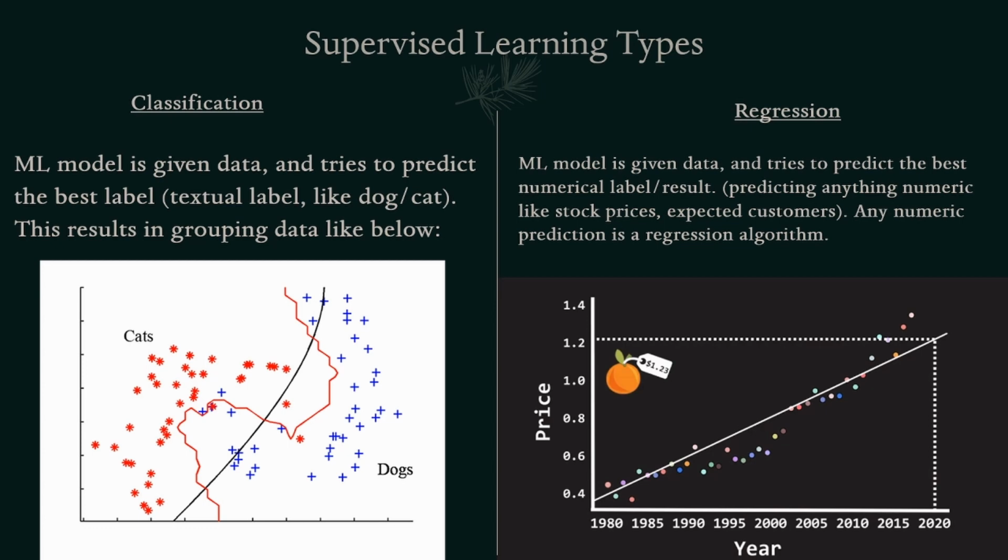There are different algorithms for these two different kinds of problems, but that is fundamentally what they are. Classification is you're trying to predict an English, like a word answer, and regression is you're trying to predict a numerical answer. Numerical answer could maybe be like trying to predict a stock price or trying to predict your sales revenue for the next quarter or something like that.